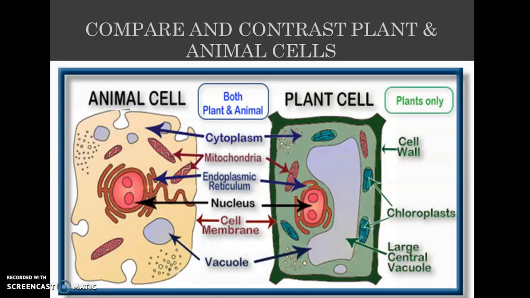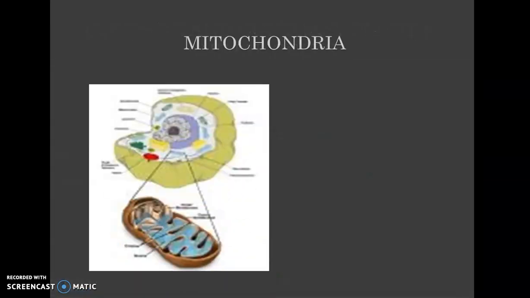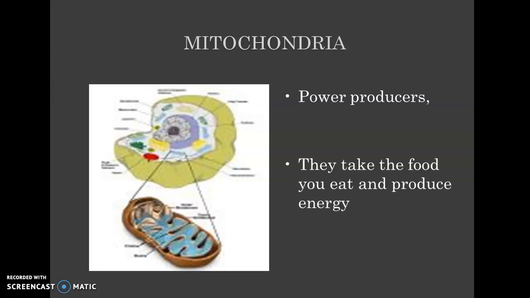Now, let's talk about the next thing. It's called the mitochondria. Kind of a fun word to say, mitochondria. What your mitochondria do is they're the power producers. If you ever get a spurt of energy, that's from your mitochondria. Now remember, you got millions of these things, and if you want good energy, you got to eat good food.